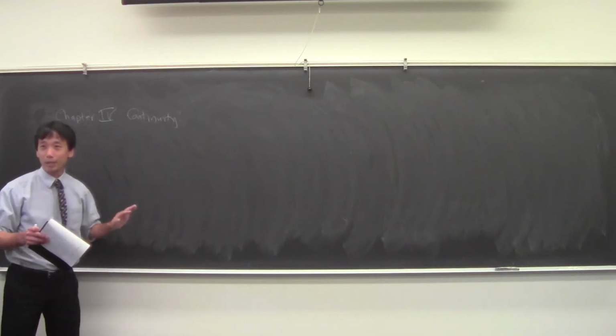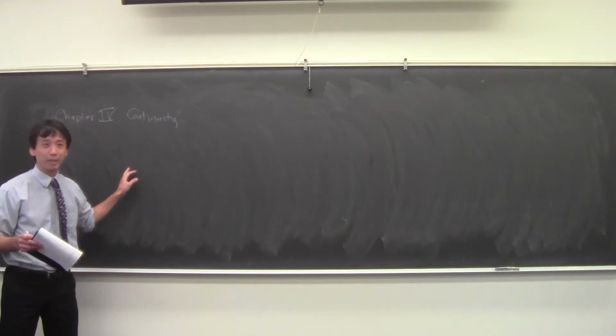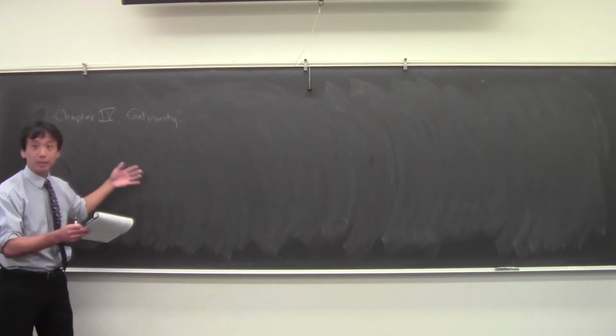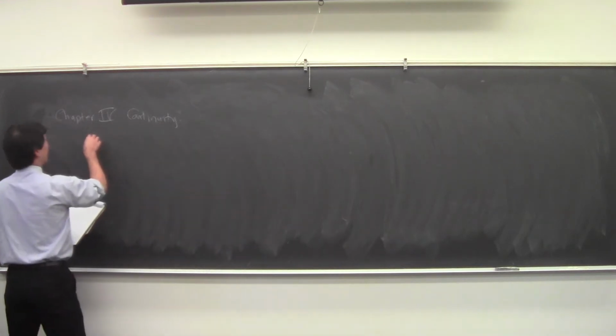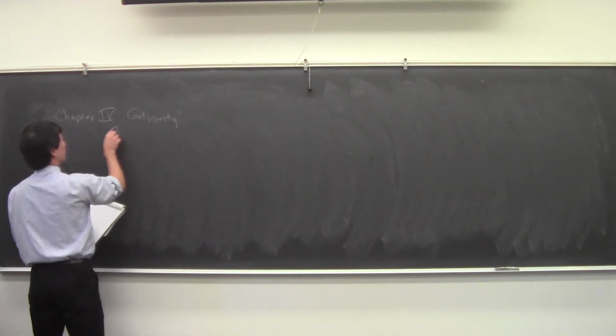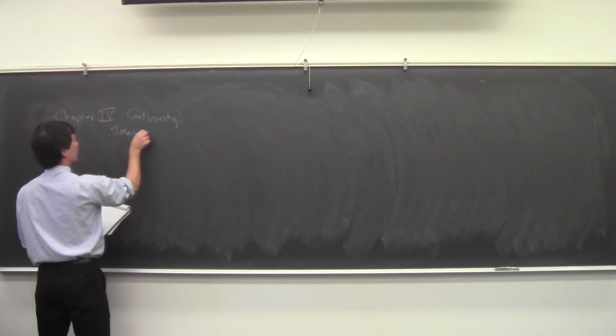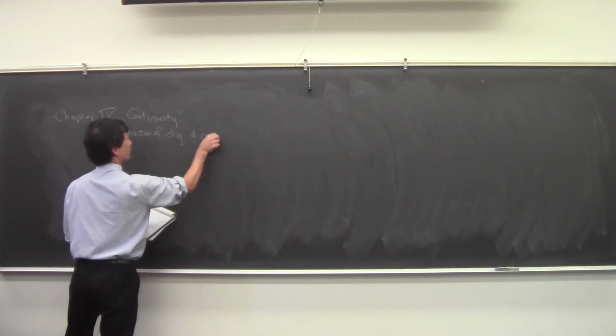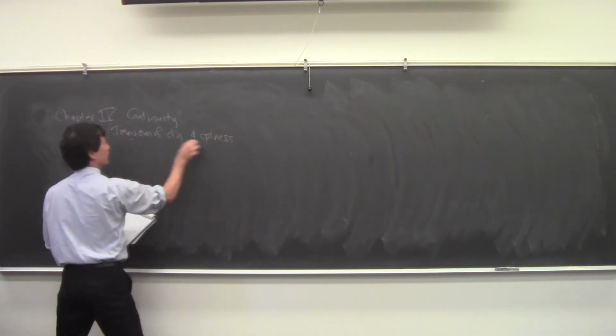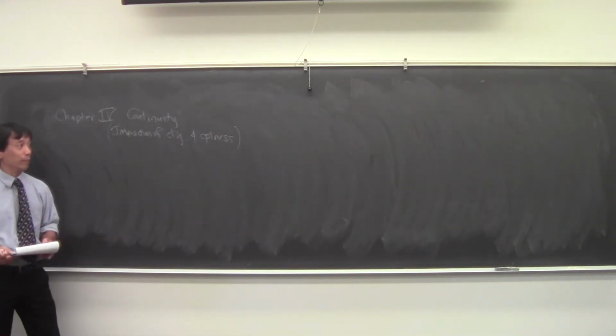Right now compactness is hopefully fresh in your minds, and let's use it. Really, what chapter 4 is about is the interaction of continuity and compactness.